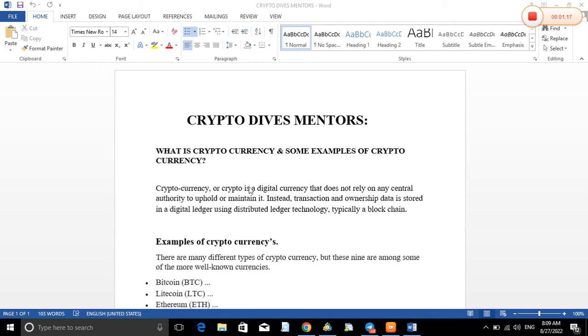Cryptocurrency, or crypto, is a digital currency that does not rely on any central authority to uphold or maintain it. Instead, transaction and ownership data is stored in a digital ledger using distributed ledger technology, typically blockchain technology.